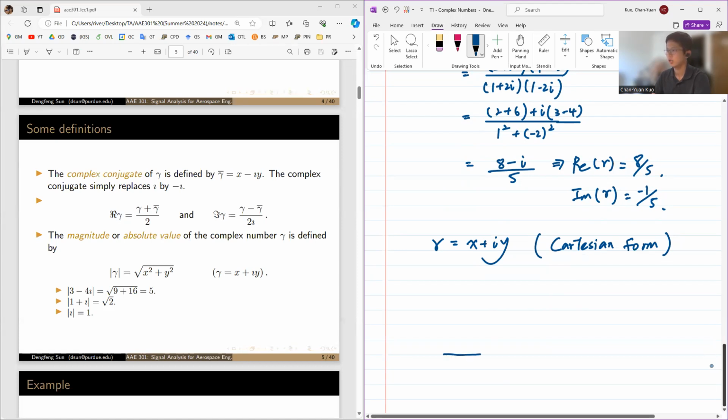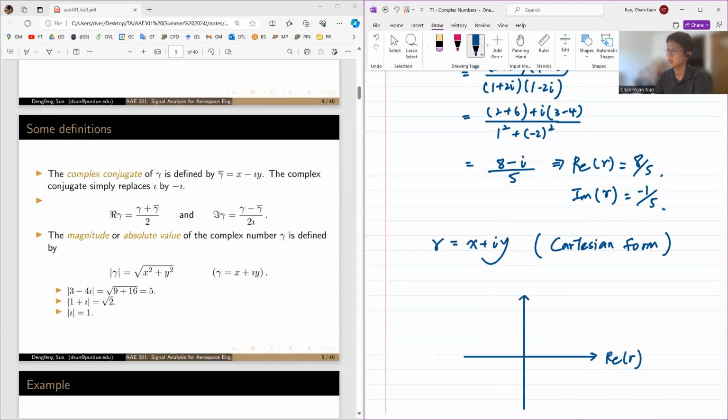Now I'd like to draw your attention back to the complex plane that we have just seen. This is the complex plane, and this is X, and this is Y. And here's gamma. In order to express the complex number gamma in polar form, there are two things that we need.